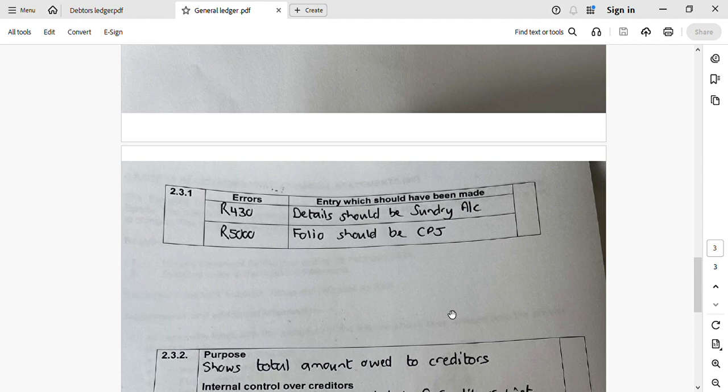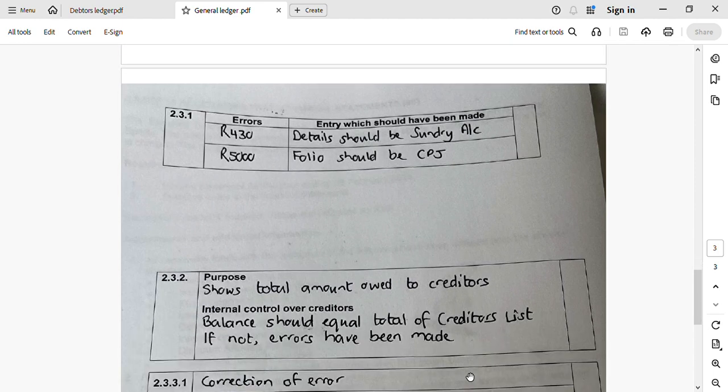The next question asks you for the purpose of the creditors control account and how it assists in internal control. The purpose is to show the total amount owed to creditors, and we can use that balance because that balance must then equal the total of the creditors list.